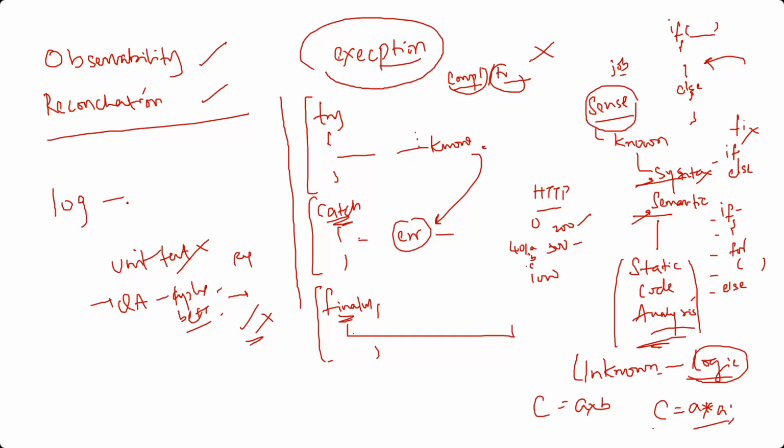Before the try catch block, when it didn't exist in conventional programming like C, Fortran, ABC, B programming language, Basic, COBOL, people used to write print statements after every code block execution.